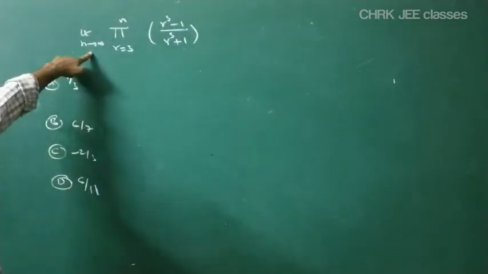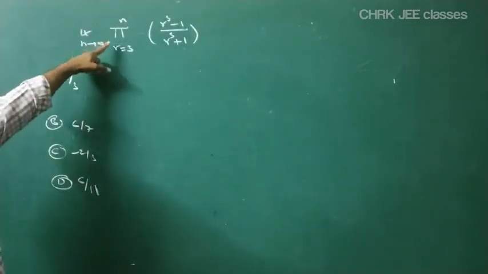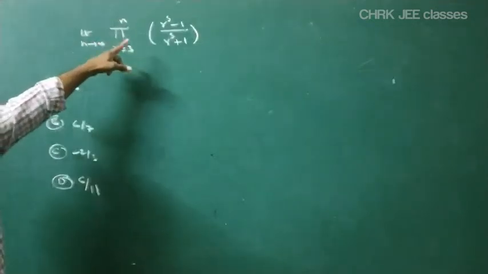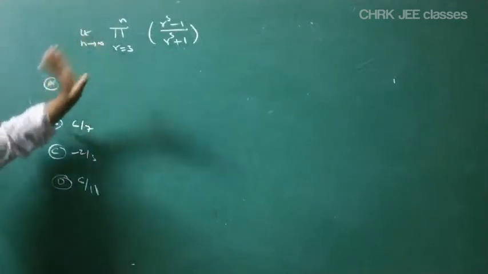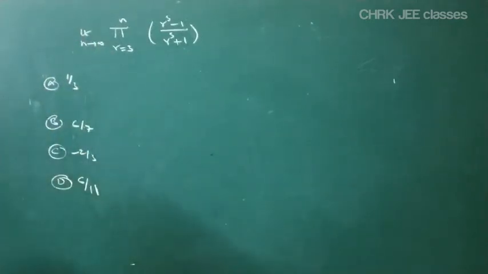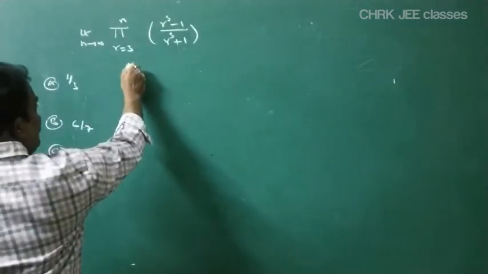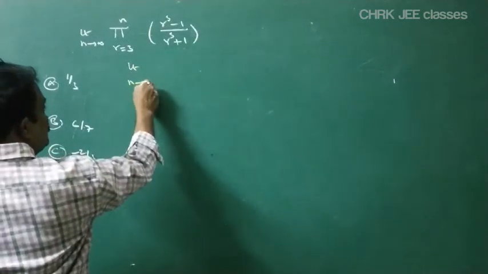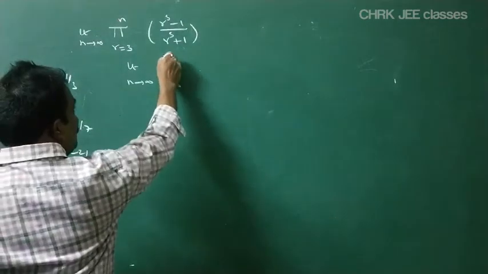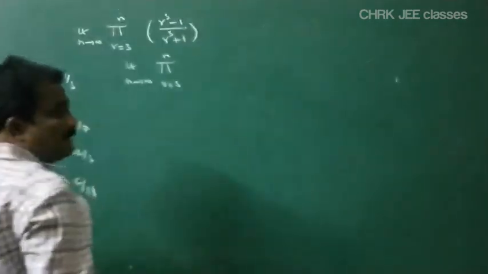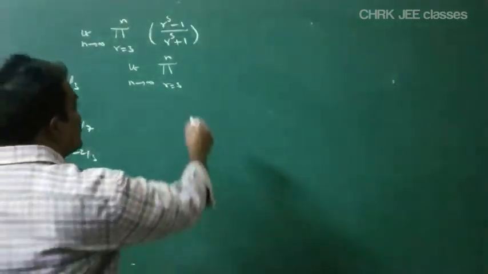Limit n tends to infinity, Pi of r equal to 3 to n, r cube minus 1 by r cube plus 1. Pi in the sense product. First of all, I want to write this one as limit n tends to infinity, Pi r equal to 3 to n, r cube minus 1, that is in the form of a cube minus b cube.